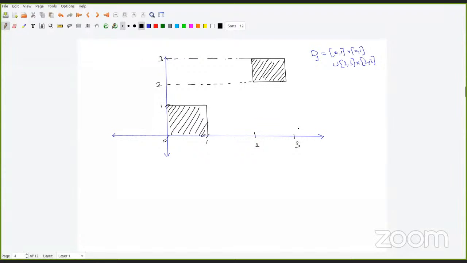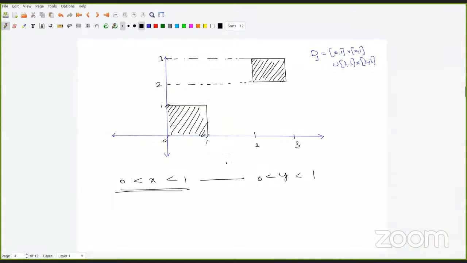Okay. So they are not independent. They are dependent on each other here. Whatever value the random variable x takes, the value that y takes is dependent on it. If x is in between 0 to 1, then corresponding to this, my y values will be in between 0 to 1.